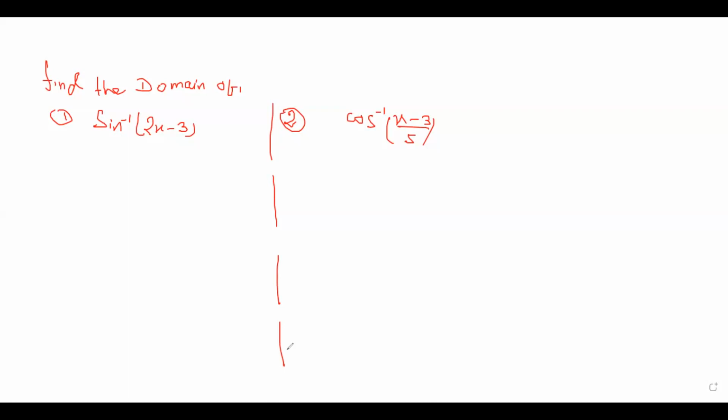Okay, time over. First of all, what we have written: 2x minus 3 lies between minus 1 to 1.